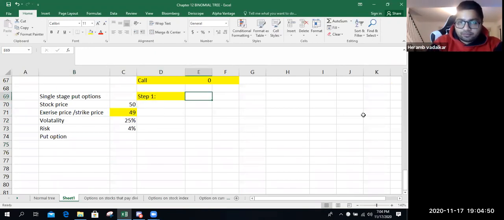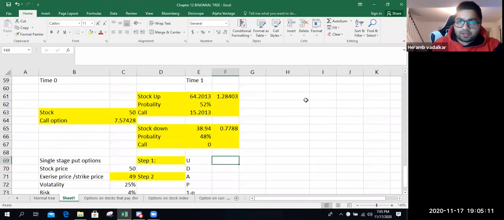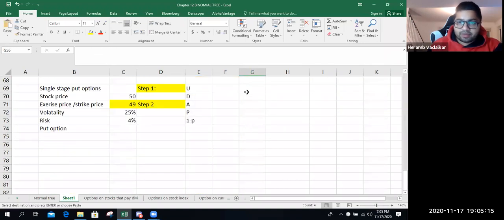Step 1, calculate U and D. Step 2, calculate A first, then P and 1 minus P. Then we'll draw the tree and solve for it. So just go down a bit. Okay. So I'll copy the formulas. If you're solving it with me, it becomes a little easy.